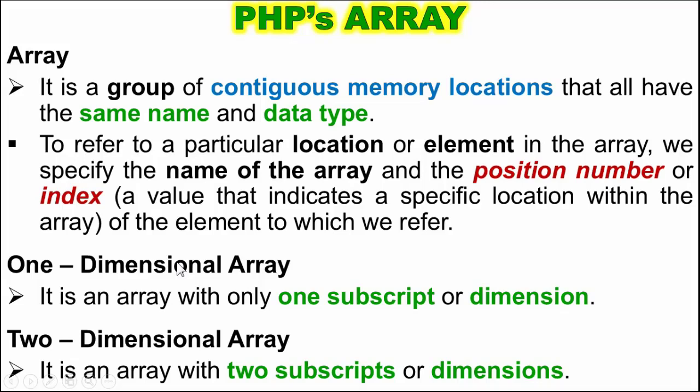There are two types of array. One is called a one-dimensional array. It is an array with only one subscript or dimension. And the other is called a two-dimensional array. It is an array with two subscripts or dimensions.